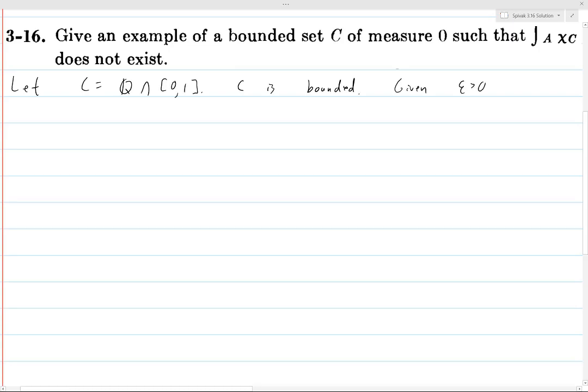Given epsilon greater than 0, we index C by, we'll call these Qi, where i goes from 1 to infinity. The rational numbers are a countable set, and so the rational numbers in the closed interval from 0 to 1 is a countable set.